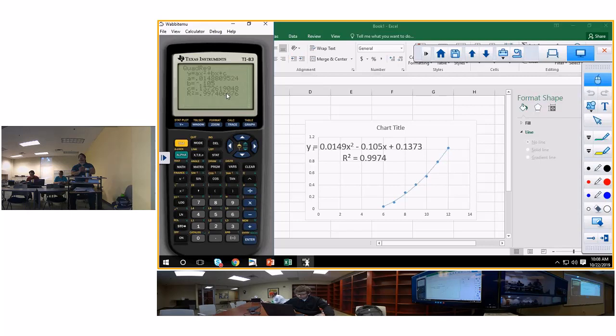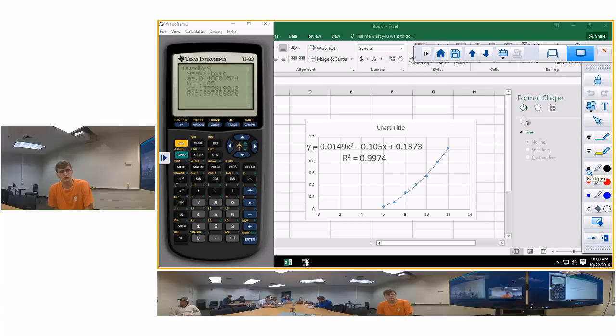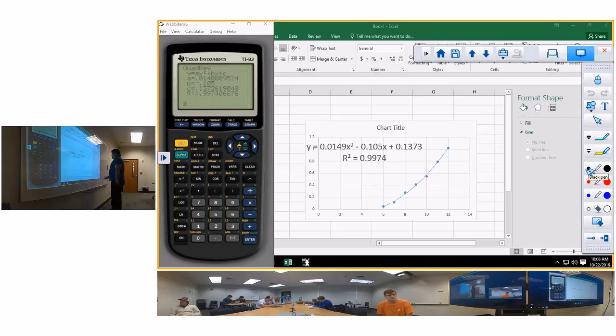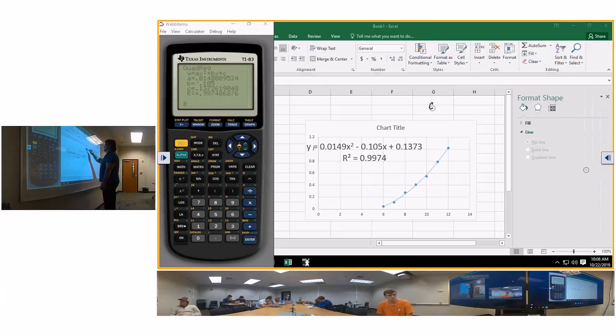Write that information down. Now, somebody is going to ask, well, what's R squared? I'm going to write it down for you. R squared is what we call the correlation coefficient. And you might need to know this for any standardized test.